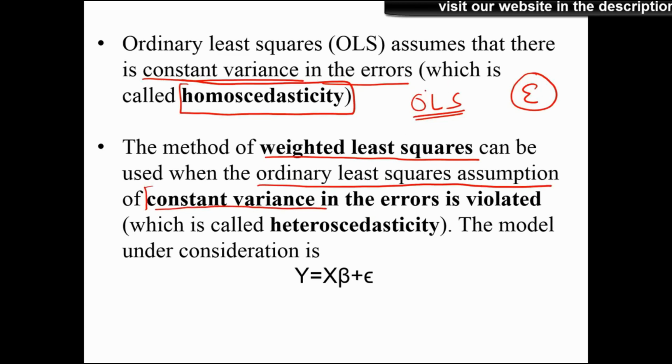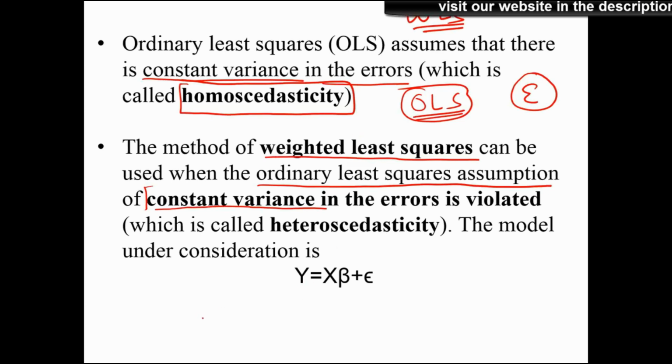You cannot use OLS if your error is not homoscedastic; in that scenario, you can use WLS. So now it's clear what the fundamental difference between OLS and WLS is. Now we'll get into the deeper theory of the differences, and understand how we can make the best use of WLS when we cannot use OLS.